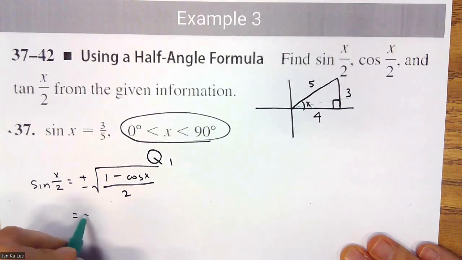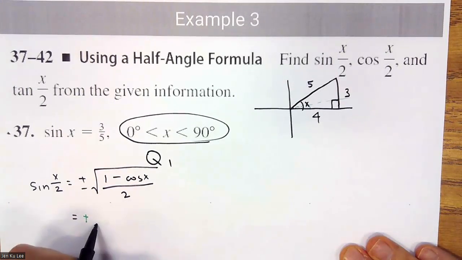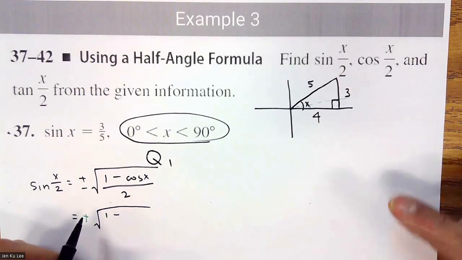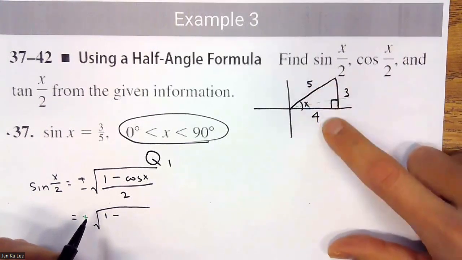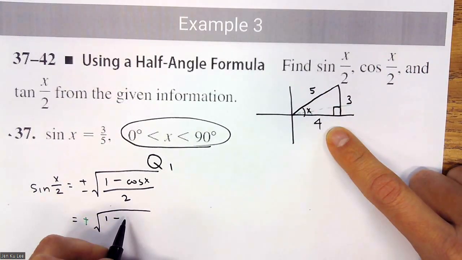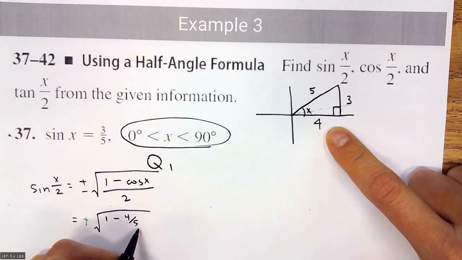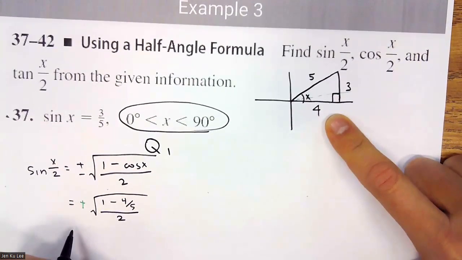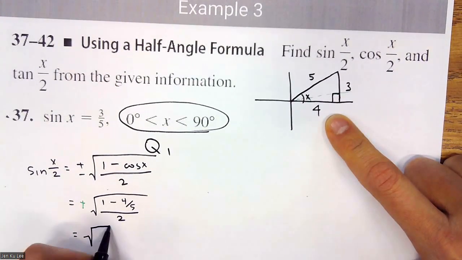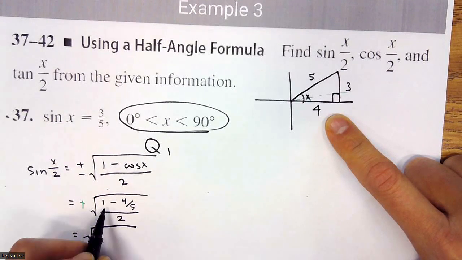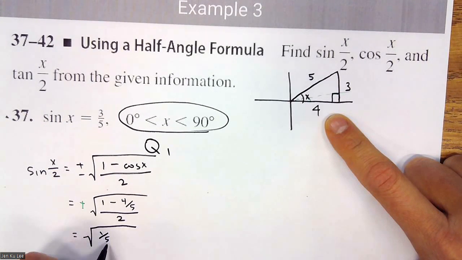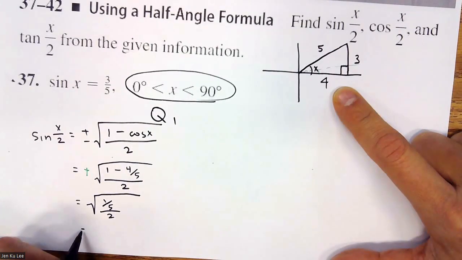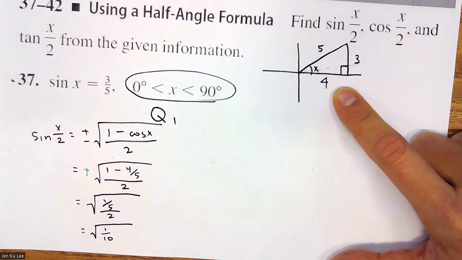So this is a plus square root of 1 minus, what is cosine? 4/5? Yeah. 4 over 5 over 2. So then this would be the square root of 1 minus 4/5, that's 1/5 over 2, which would just be square root of 1 over 10, right?